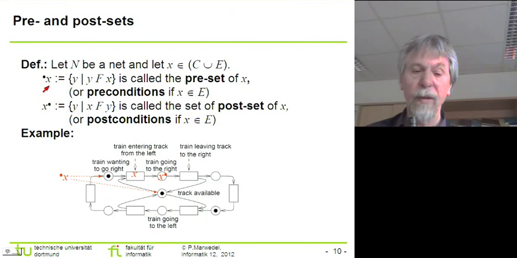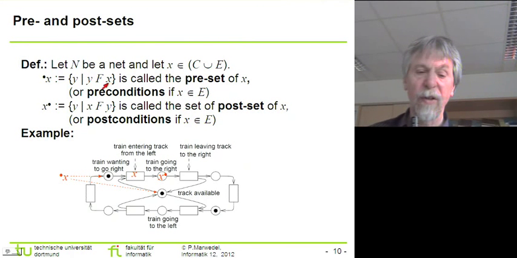So now we introduce the notation dot x, where dot x is the set of all elements y such that y is in the flow relation to x, and dot x is called the preset of x.